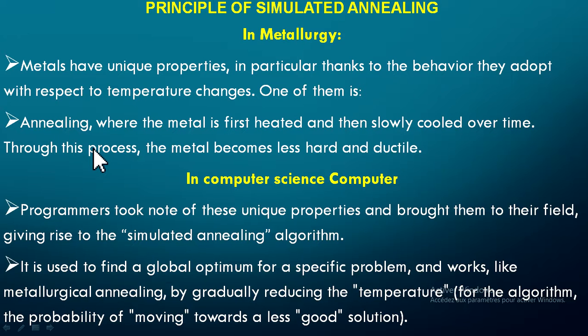Through this process, the metal becomes less hard and more ductile. In computer science, programmers took note of these unique properties and brought them to their field, giving rise to the simulated annealing algorithm. It is used to find a global optimum for a specific problem and works like metallurgical annealing by gradually reducing the temperature. For the algorithm, it reduces the probability of moving towards a less good solution.